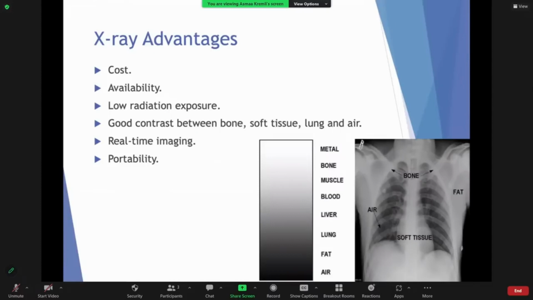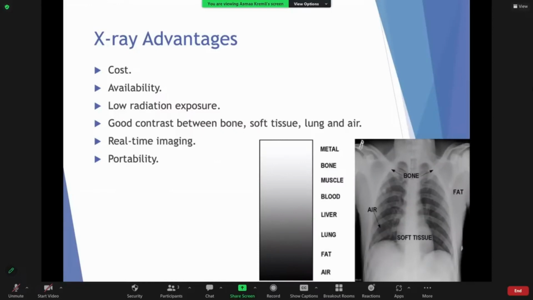Also, one of the advantages of X-ray is that it has real-time imaging. That allows the doctors to see movements, and it is used in fluoroscopy imaging or even inside the operation rooms. We can use fluoroscopy utilizing X-rays.